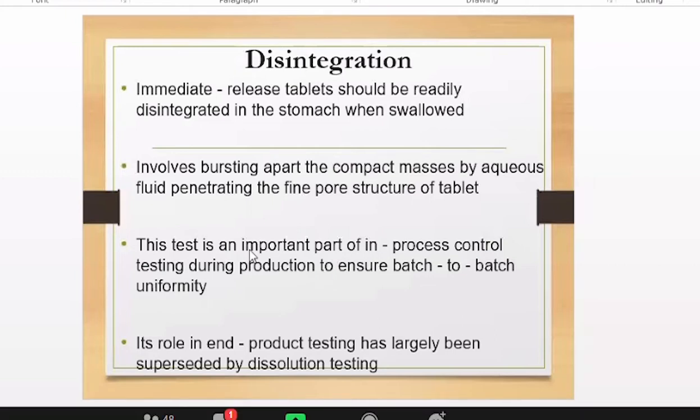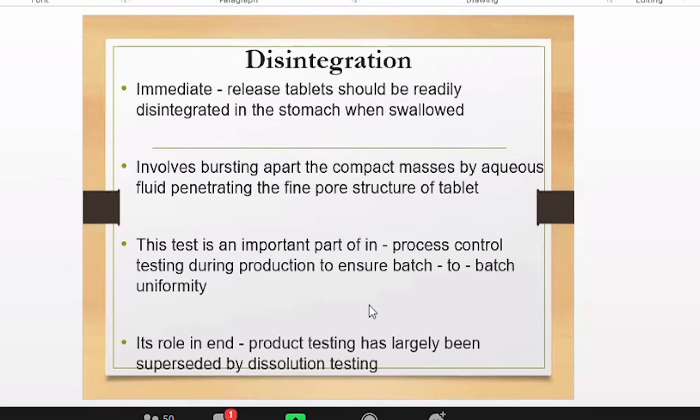This is an important test in process control testing to ensure batch to batch uniformity. You want to ensure that all the tablets that you are manufacturing disintegrate within a specified period. Its role in end product testing has been largely superseded by dissolution testing.